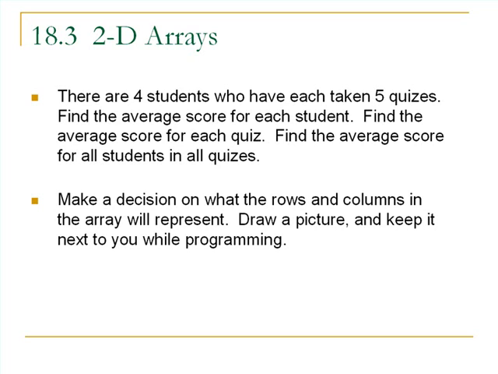So let's just review it for a second. 4 students, and each have taken 5 quizzes. The average of each row in the table and the average of each column in the table. That's what we're going to look for.